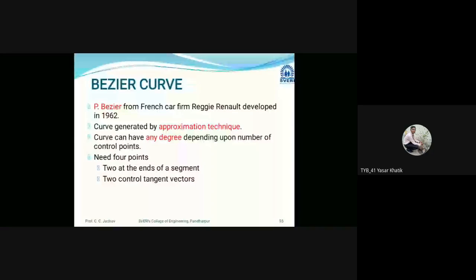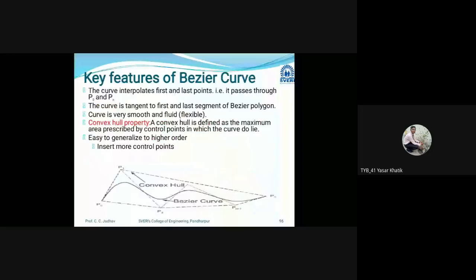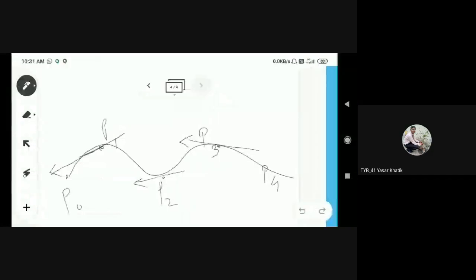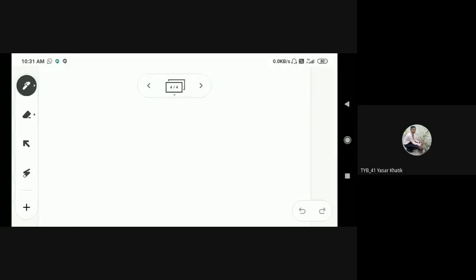Okay, so I will show you how to draw. Now you can see here, suppose first I will draw these control points P0, P1, P2, P3 and P4. This is the initial control polygon where we join all the control points. This is the technique we use in the Hermite curve.